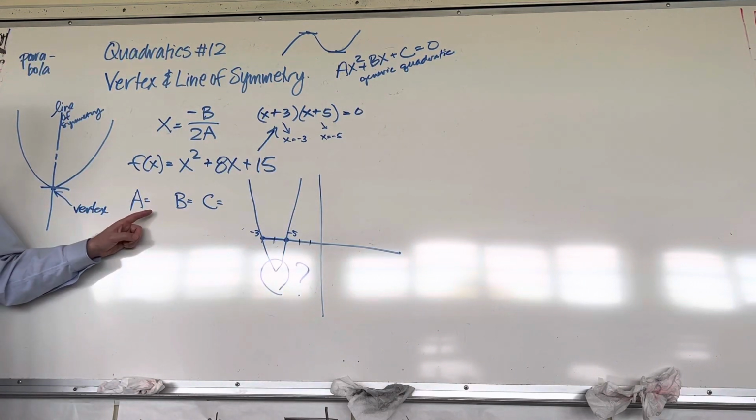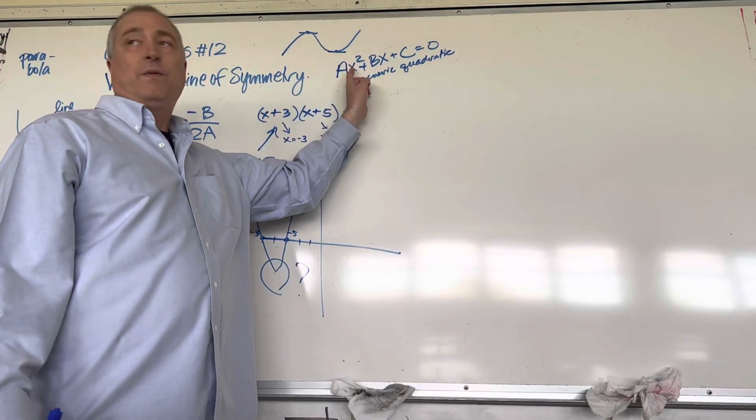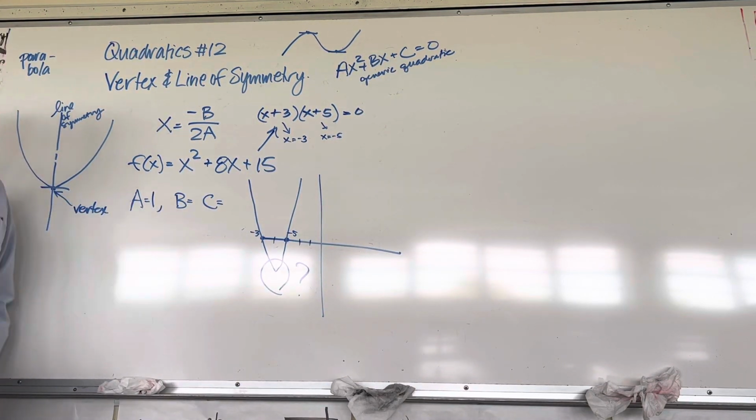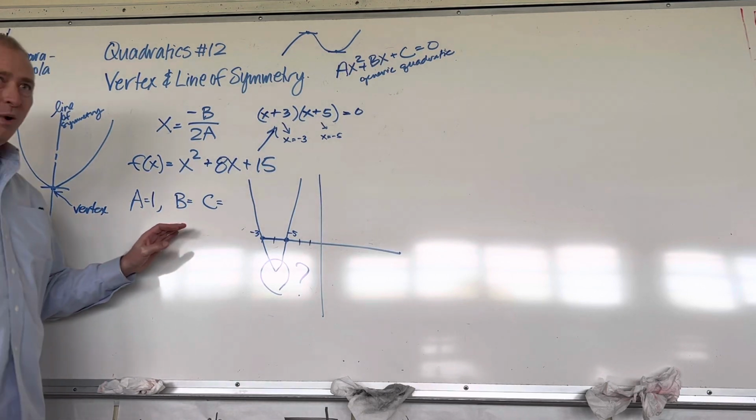What's a? Close. I know you want to say x, but the a sits in front of the x. Good. Thank you. Very good. Good recovery. Nice. I appreciate you thinking through that, and I appreciate you letting me say no to you. It's awfully harsh sometimes. I apologize for that, okay? Because I'm like, no.